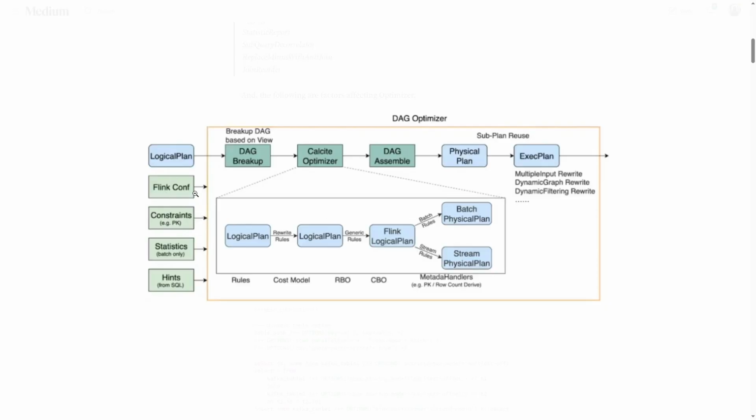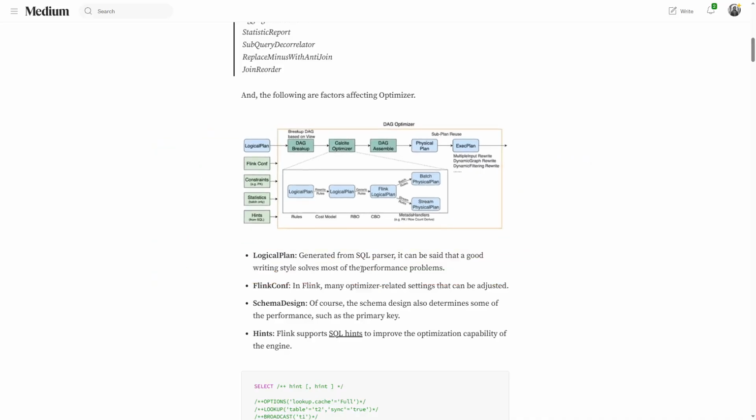The external factors affecting this DAG optimizer, the whole box being the logical plan, are the Flink configuration, constraints like primary key, stats which are available in batch mode, and hints if given in the query itself. These are the components, or knobs, which we can leverage to tune the DAG optimization.